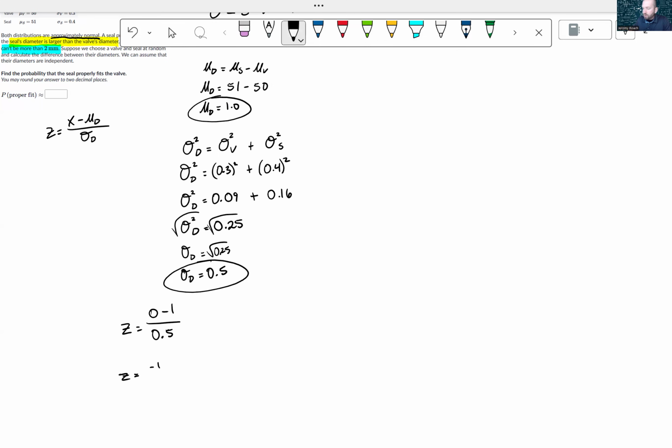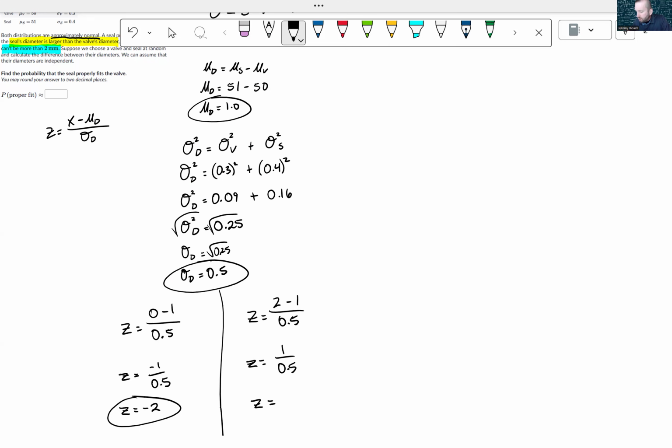So now this is negative 1 over 0.5, and this is going to give us negative 2 for our first z value. For our second z value, our x value is going to be 2. So we're going to plug in 2 for x, and our mean of D is going to be the same, 1.0. 2 minus 1 over 0.5, and that's going to give us 1 over 0.5, and this is positive 2.